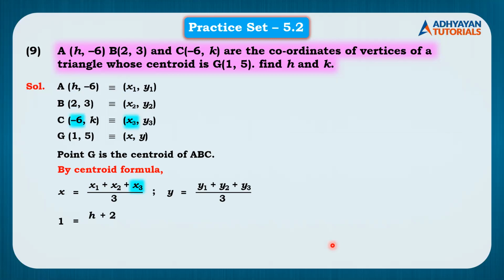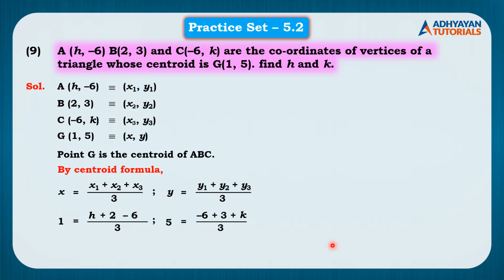Value of y is 5. So 5 = (-6 + 3 + k)/3. y1 is minus 6, y2 is 3, so plus 3, y3 is k, so plus k.